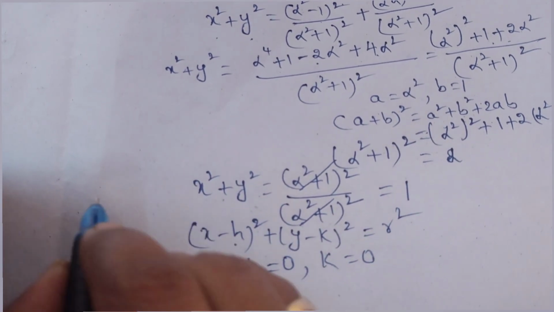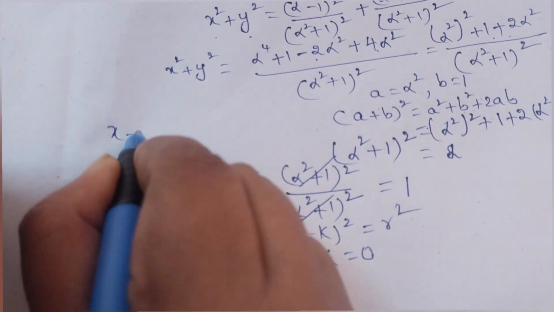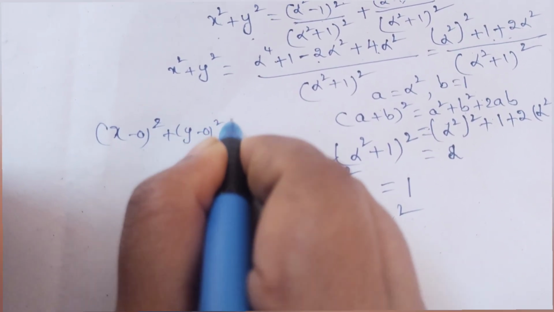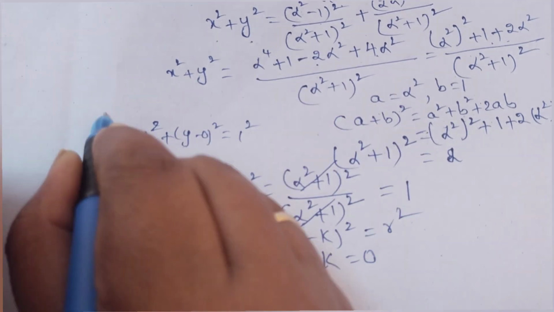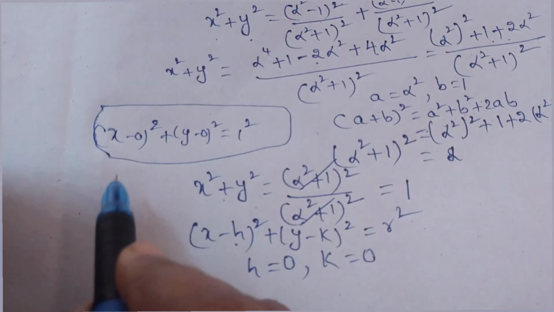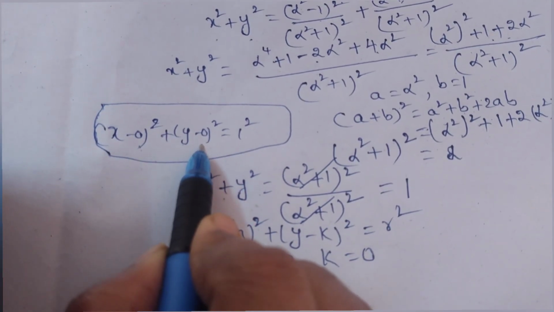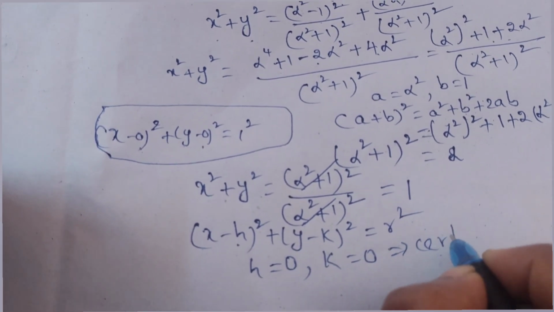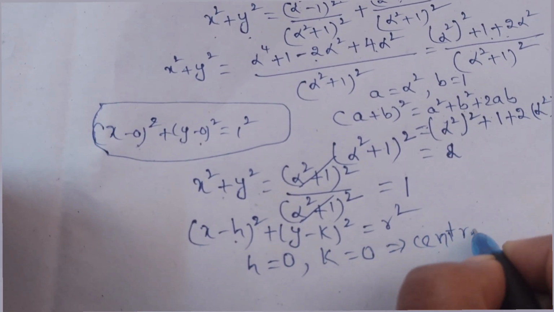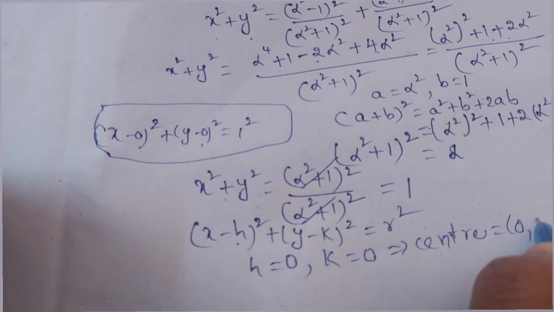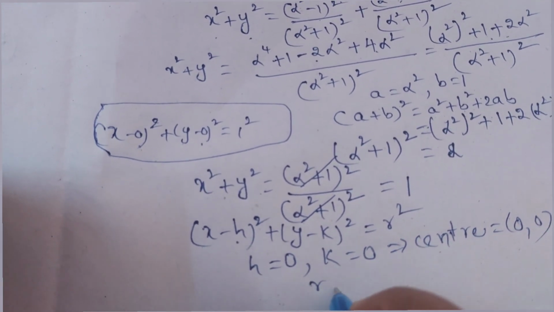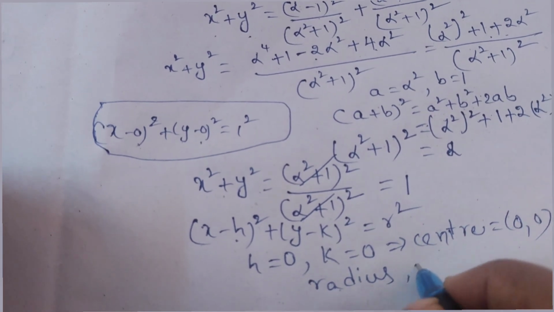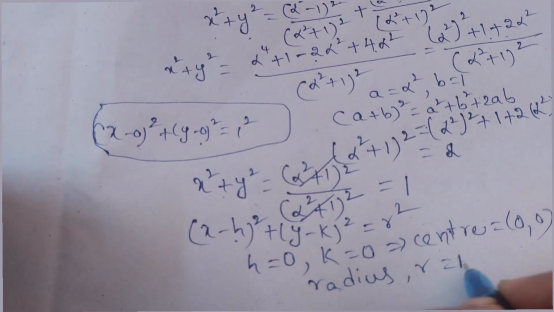So we can write this as x minus 0 whole square plus y minus 0 whole square equals 1 square. From this, h is 0, k is 0. That is the center. The center is 0, 0 and the radius r equals 1.